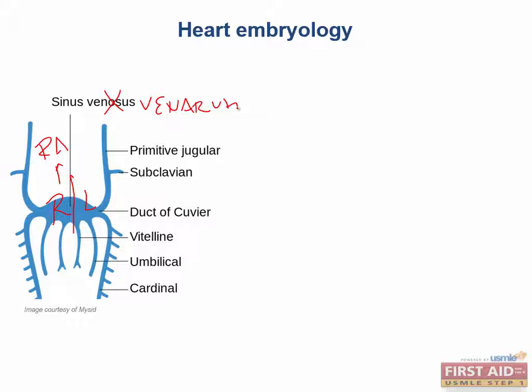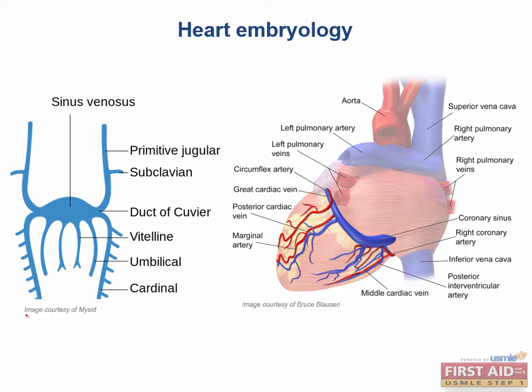Blood flow into the right atrium needs to be smooth and laminar, which is why the right horn becomes the smooth part of the right atrium, not the trabeculated part. Now what about the left horn? The left horn of the sinus venosus becomes the coronary sinus. This long structure here is the right anterior cardinal vein.